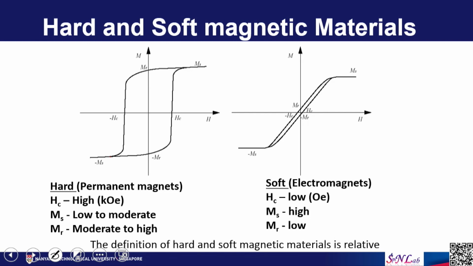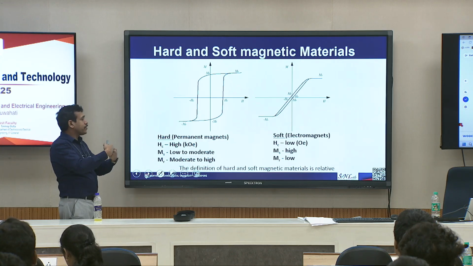So, these two are the important properties that distinguish between hard and soft magnetic materials. We cannot say that these materials do not retain magnetization and they are useless. They have their own use. In many applications we do not want the magnets to retain the polarity. For example, in a transformer you have a core, then you have an input coil and an output coil.